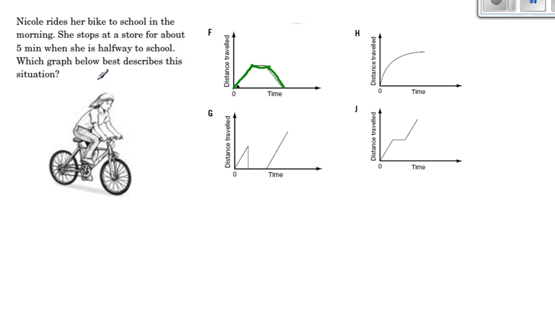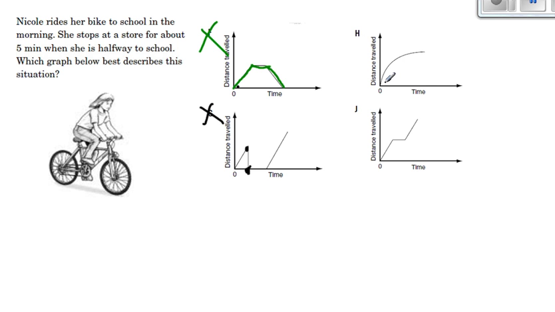There's no indication in this question that she would go back home, so I'm not going to answer F. Here, she goes to the store and then she breaks the laws of physics. Remember that vertical line is not possible on a distance time graph because at this time, 7 a.m., let's say, she is both at home and at the store. That's not possible, so it can't be G.